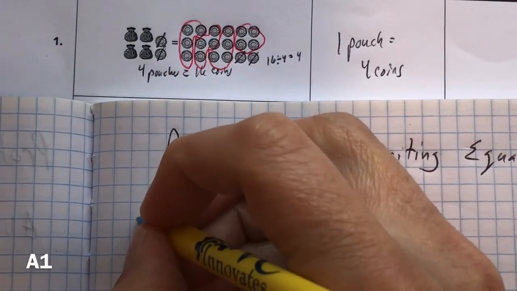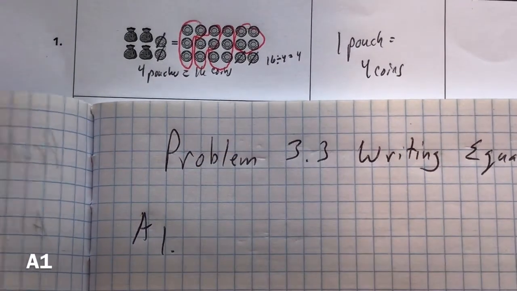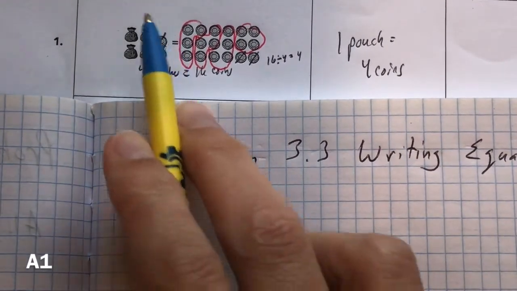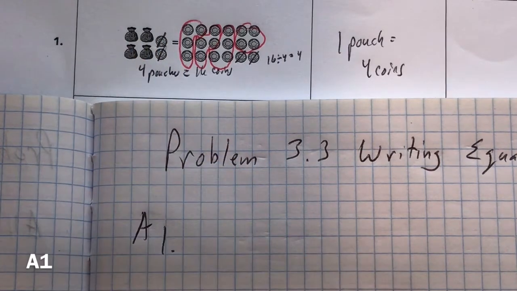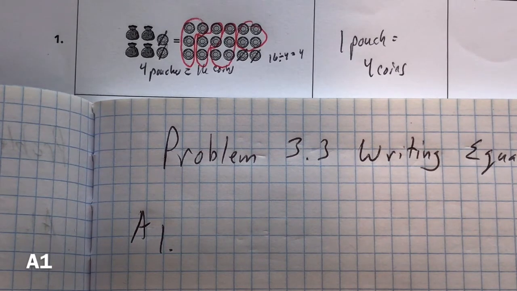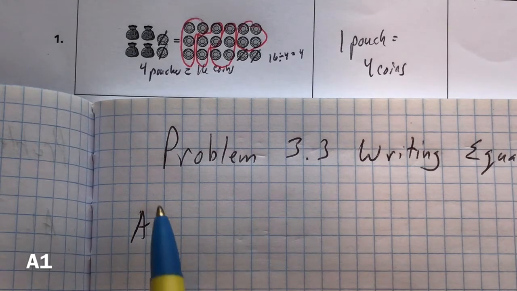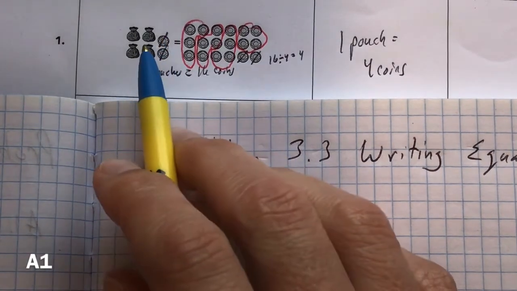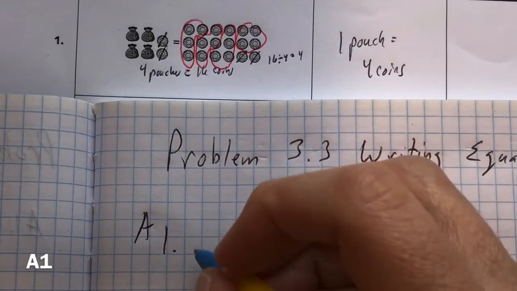So if I'm here on A1 and I need to change this 4 pouches into a situation where we have the variable with that. So it says there, x is going to equal the number of gold coins in each pouch. Okay, so first of all, I've got 4 pouches.